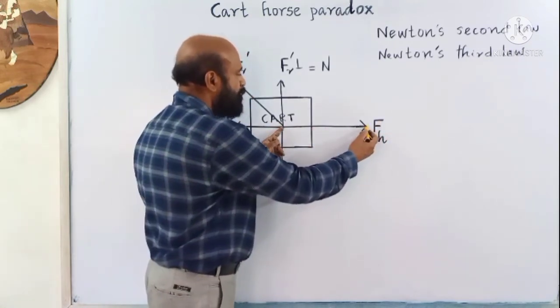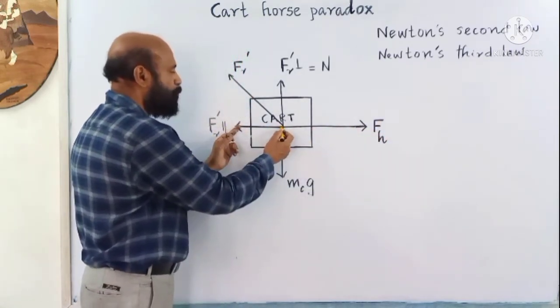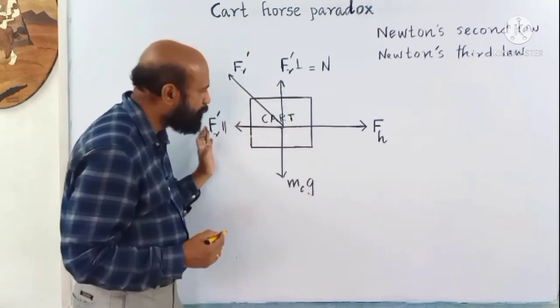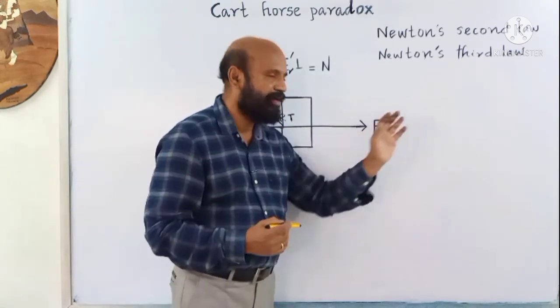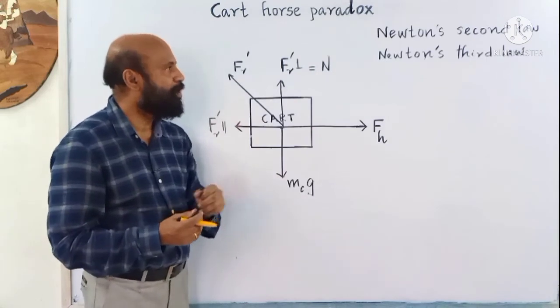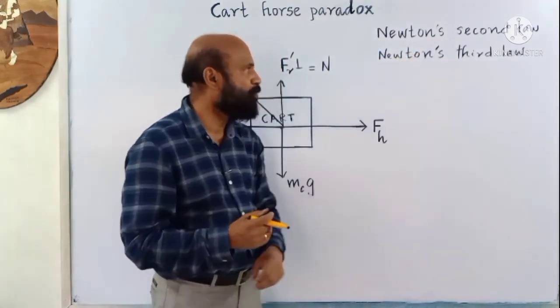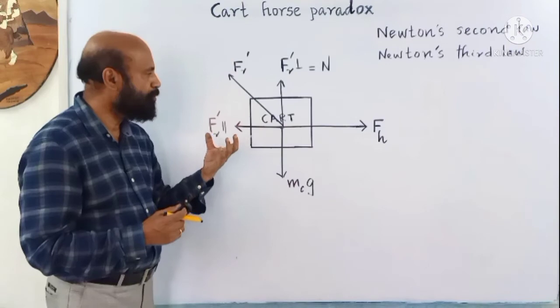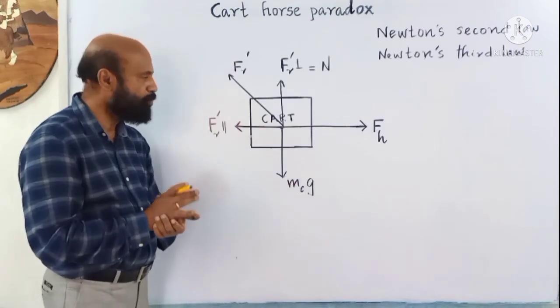Now you can see this is larger than this component, so the cart will be accelerated along this direction. So for applying Newton's second law, we have to consider the force acting on the system.